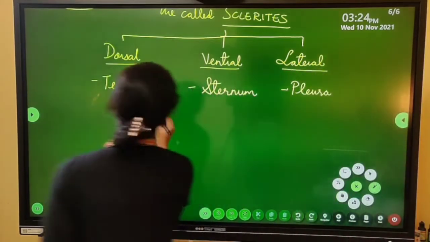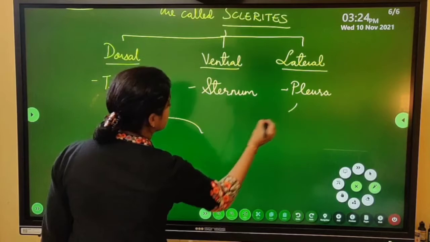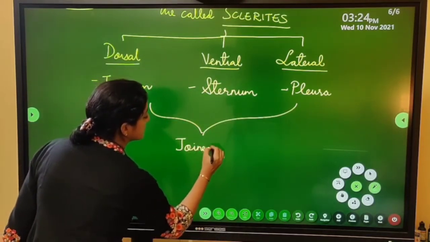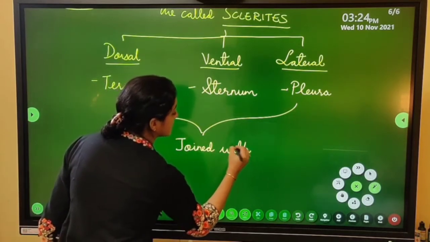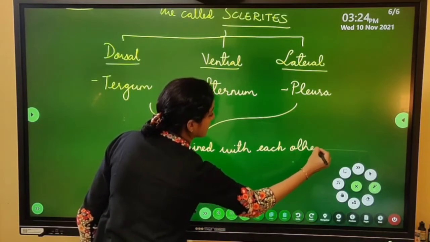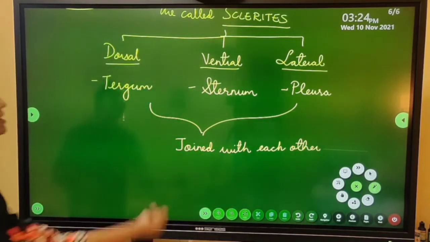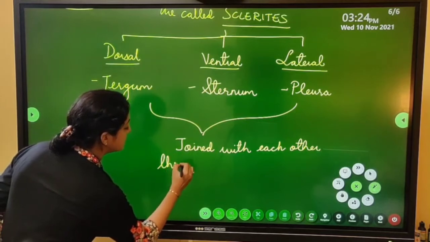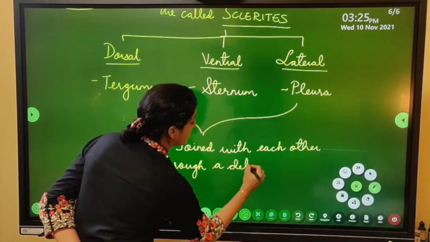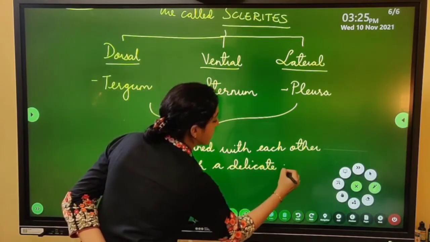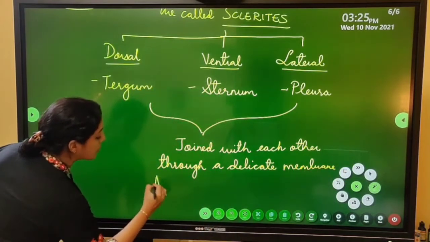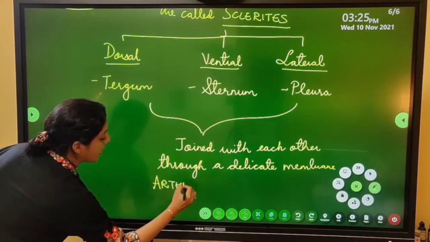So these sclerites, they are joined with each other through a delicate membrane, which is called arthrodial membrane.